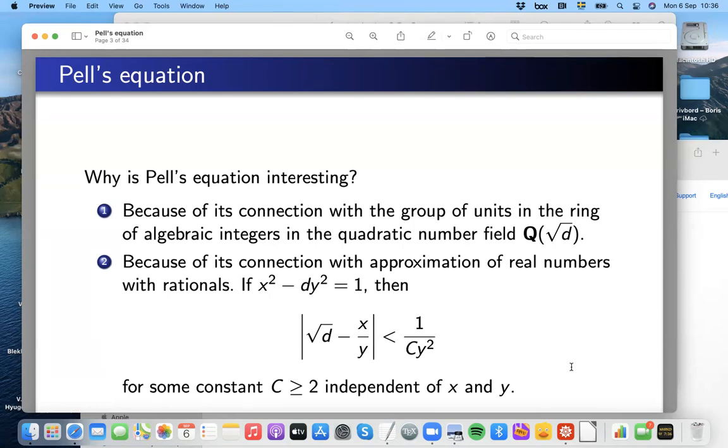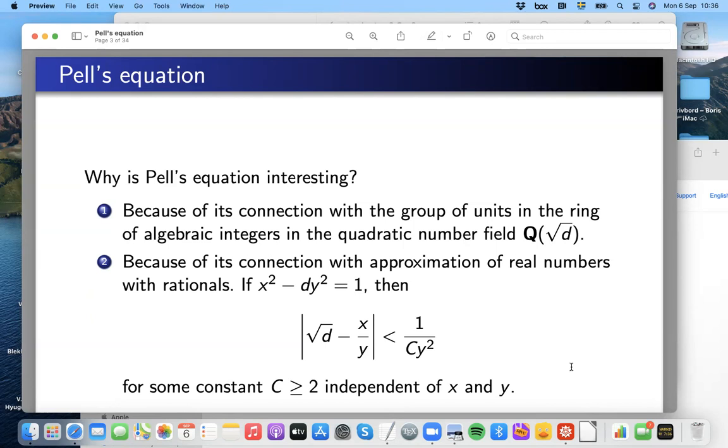But for example, there are 2 elements which are invertible in the ring Z, which are plus and minus 1. And they form a group under multiplication. You can multiply 1 by 1 and 1 by -1, and you are still in this set. So units in a ring are invertible elements, and they form a group under multiplication. So solutions of Pell's equation will be related to that.